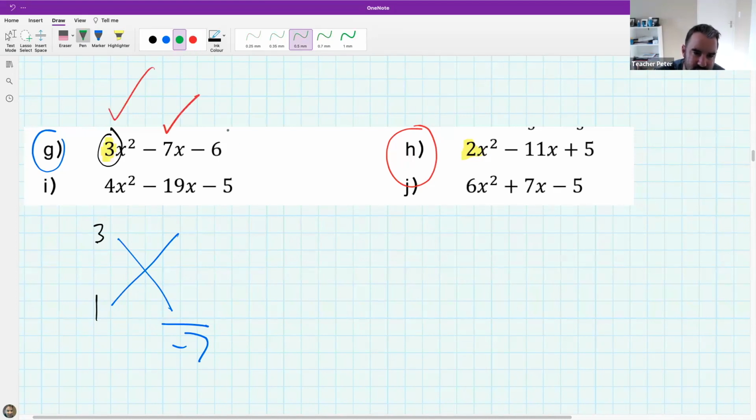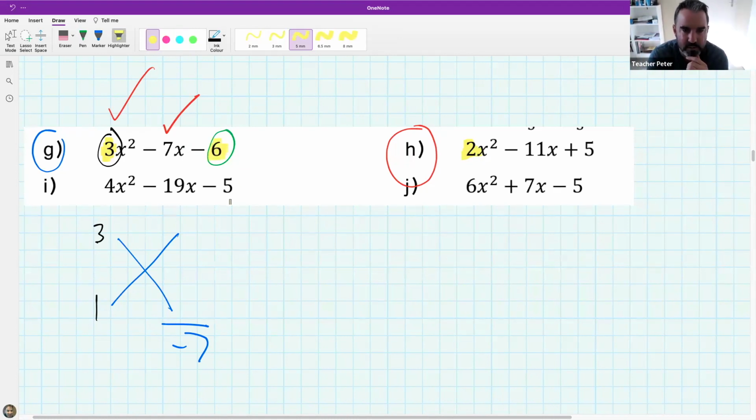Okay, now I've dealt with this bit. Now all my attention has to go to the 6. And you ignore whether it's positive or negative here. You just worry about what is the number that's here, because the positives and negatives you decide later on. So now I need 2 numbers to go in here. And these numbers, when I multiply them, must give me 6.